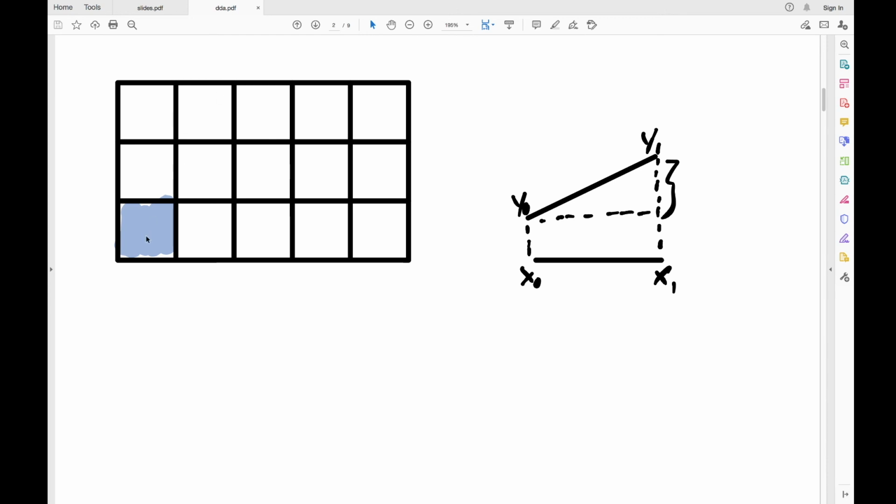You are at a certain raster position and you know the line that you're rasterizing, so you know the slope of the line. When you're going right, you have to make a decision if you're just going right or if you're also going up. Then you make that decision, and you continue the iteration. Then you're at the next raster position, and you make that same decision again, and you do this a bunch of times, and then eventually you have rasterized your line.